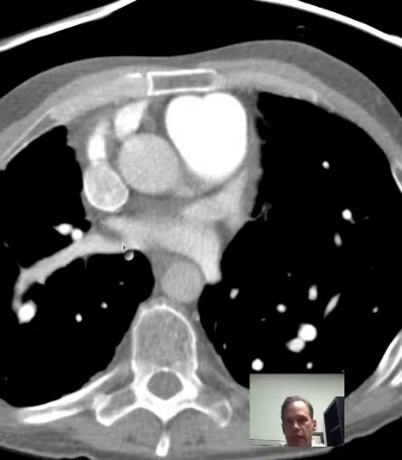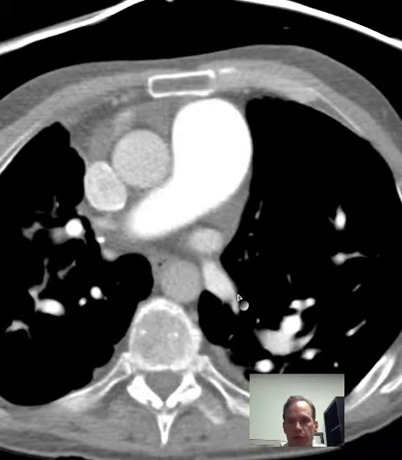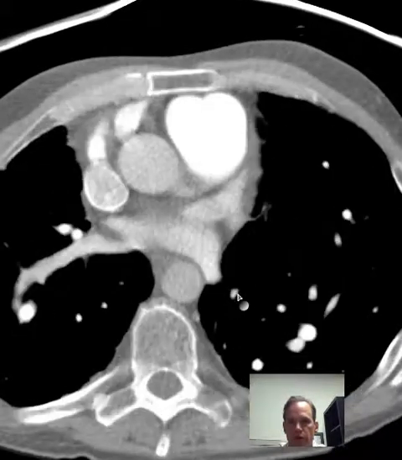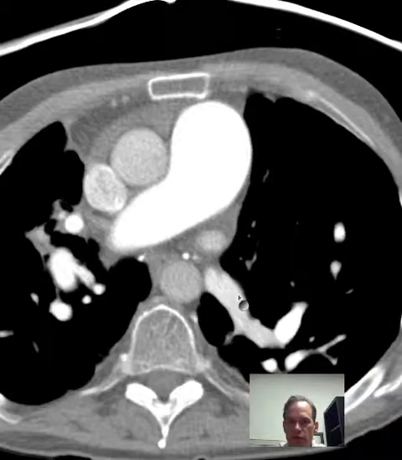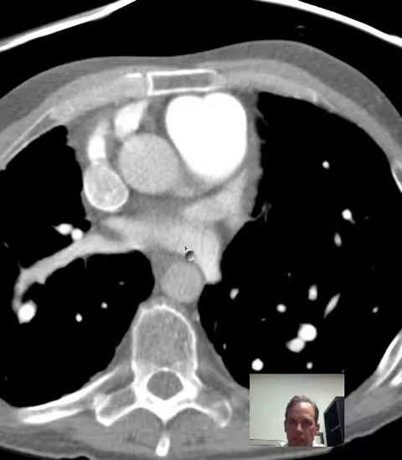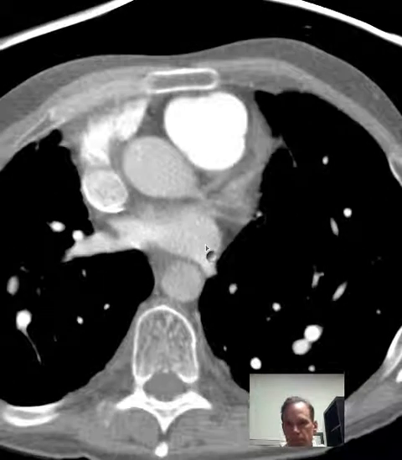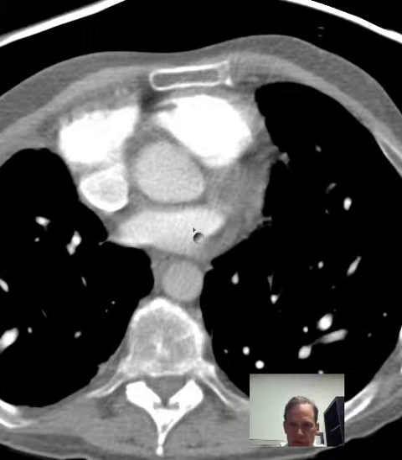So what you're seeing here are pulmonary veins. And very often you have two prominent ones on each side, but not always. So you have one here, one there, and they go into this left atrium, right here.